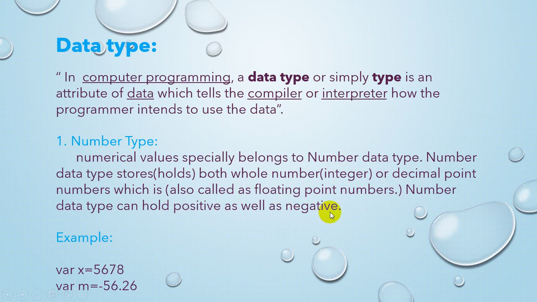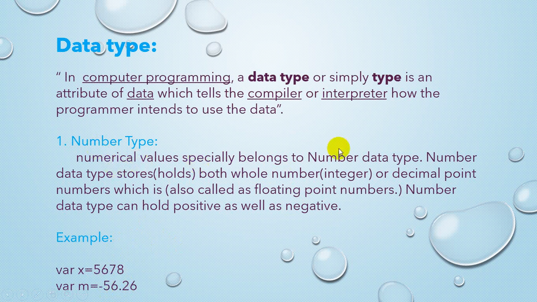In the same way, we have positive numbers 1, 2, 3, 4, or sometimes we write negative numbers like minus 5, 6, where you get the minus symbol before your number. So this number belongs to negative numbers. All this information, this data, belongs to the number data type.